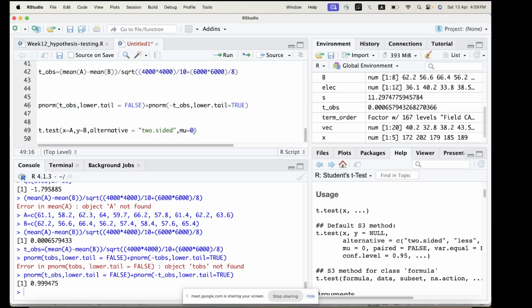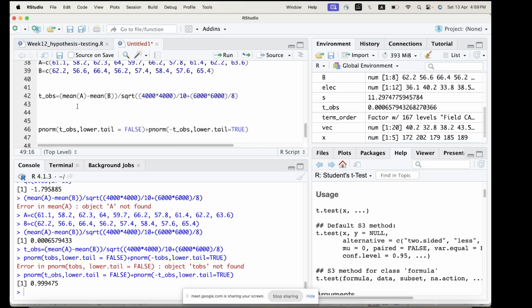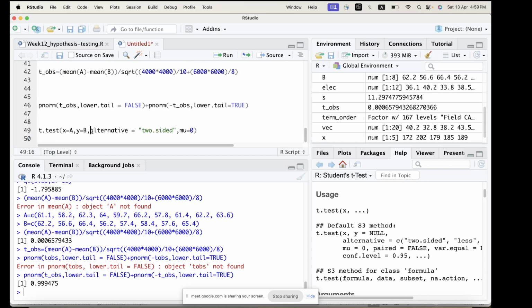But even then, I think the values will be the same. If this 4000 and 6000 were not given to us, then we could have done a two-sided t-test using this method, and we just had to specify conf.level equal to 0.95.